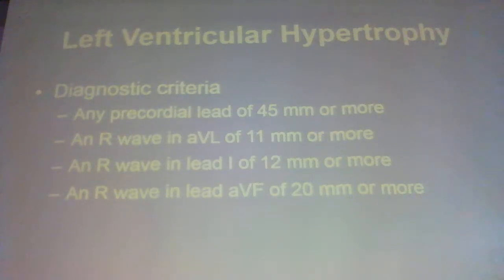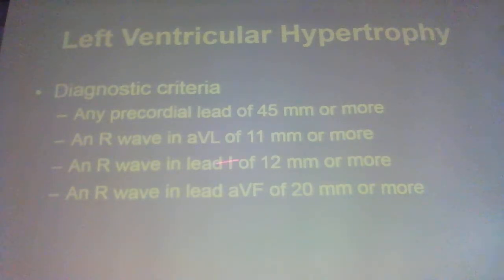All right, so here's LVH, diagnostic criteria. Any precordial lead over 45 millimeters. Okay, so each block up and down is a millimeter, right? So if you get an obvious one that's 45 millimeters, then you're done. If not, we have to look at something else.